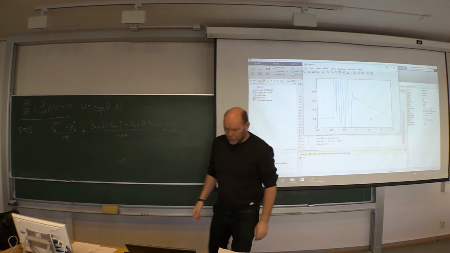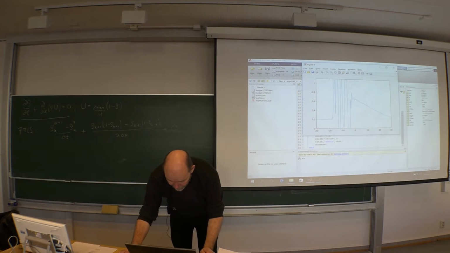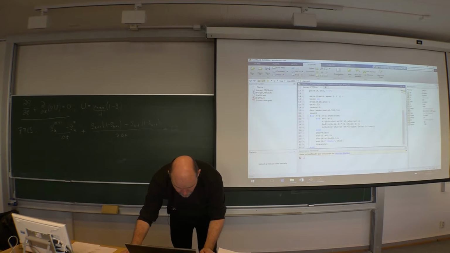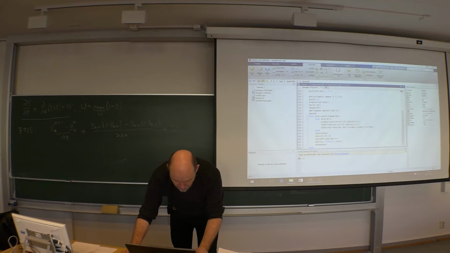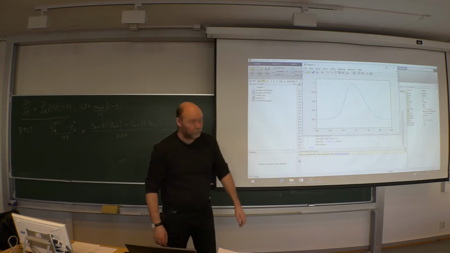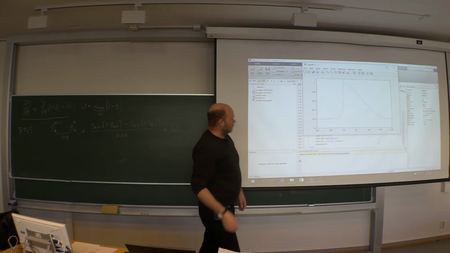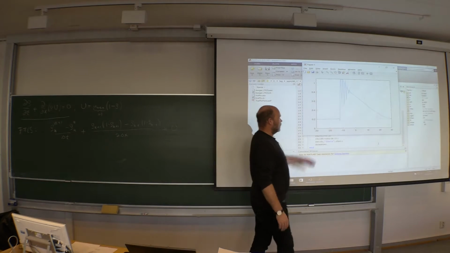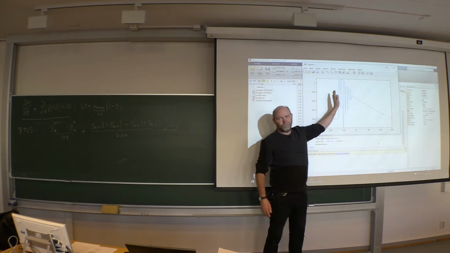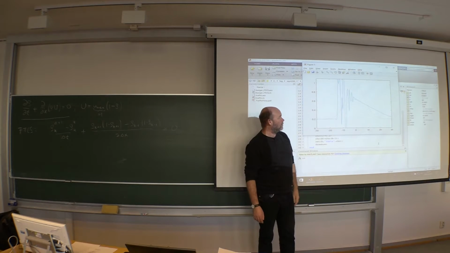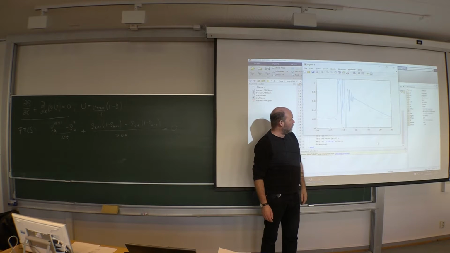You can try, of course, with smaller delta t. Put in a 0 here. It helps, at least in the beginning, but when it gets too steep, no. Unconditionally unstable. So it really doesn't help.